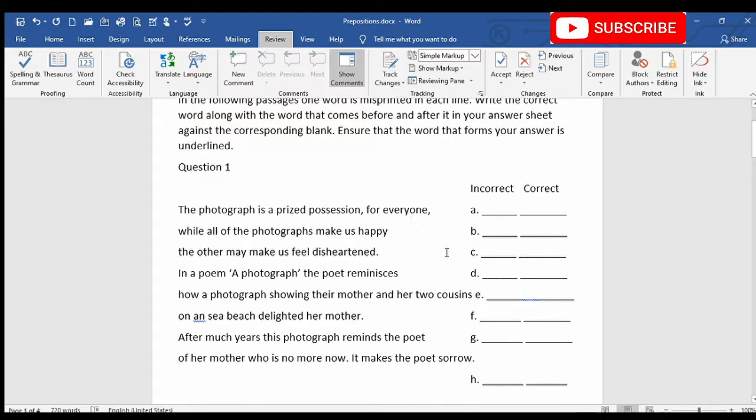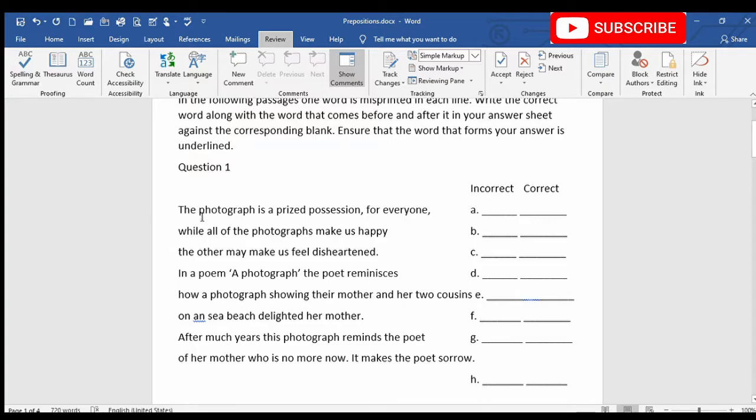So, after reading this paragraph once, what I realized is the tense of this paragraph is present tense. So, when you will do the editing of every line, you must see that the tense is present tense.